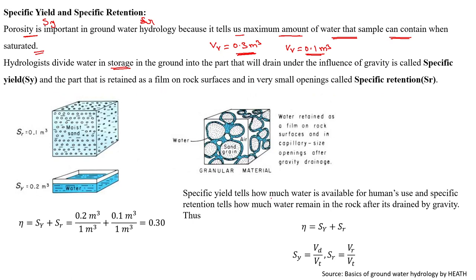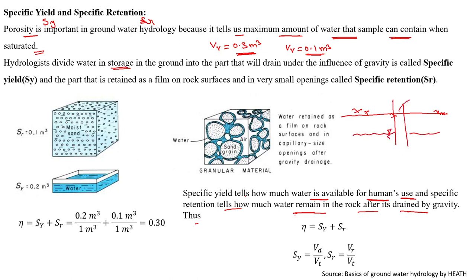Specific yield tells how much water is available for human use, and specific retention tells how much water remains in the rock after being drained by gravity. Suppose I have a soil sample like this, and I dig a well here.